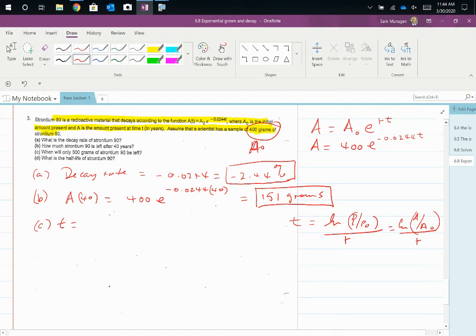They're asking when will 300 grams be left. So the logarithm of 300 over the initial amount, which was 400, divided by the rate, which is negative 0.0244. So that's the logarithm of 0.75, 3/4, divided by negative 0.0244.